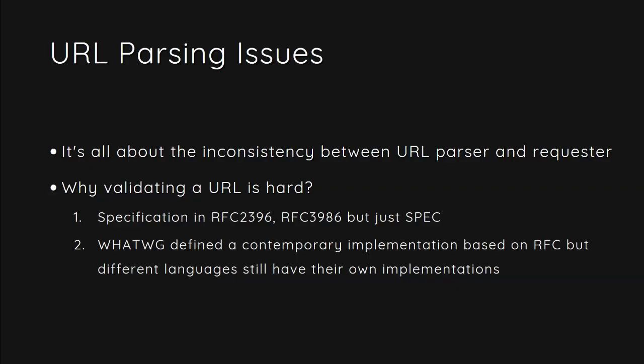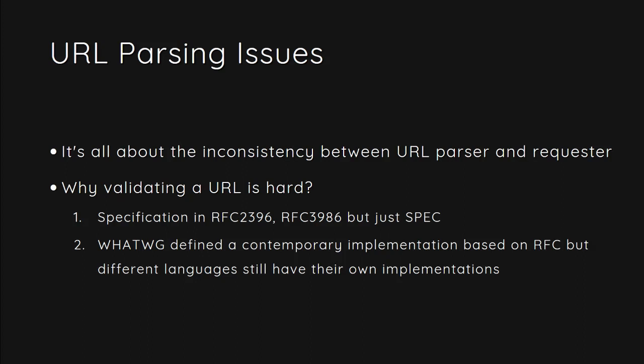First part, URL parsing issues. This is all about the inconsistency between the URL parser and the URL requester. It is common to fix an SSRF by validating the URL. But validating a URL is hard work. Why?